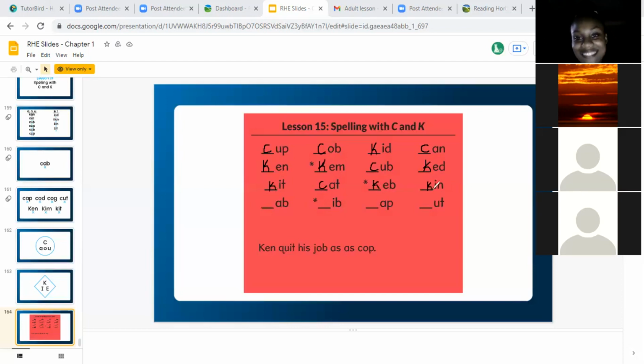K. Then this one? C. This one? K. This one here? C. And the last one again. C. All right. So tell me again, how do we know when to put K and when to put C? Because I and E go with K.